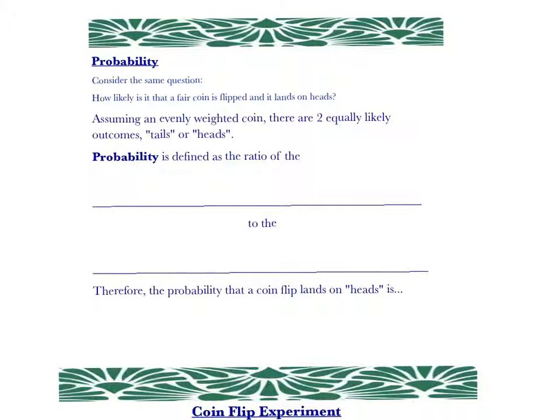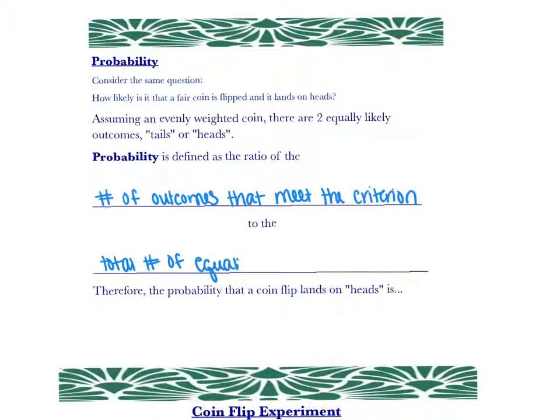Probability is defined as the ratio of the number of outcomes that meet the criterion to the total number of equally likely possible outcomes.